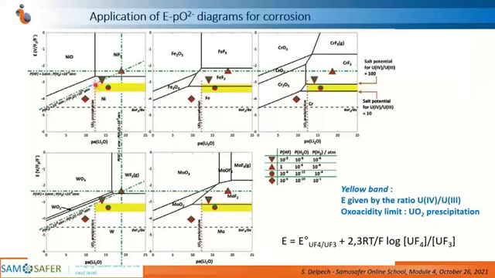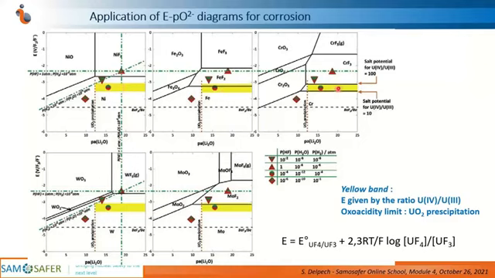The acido-basic limit here corresponds to the precipitation of uranium oxide. So we observe that in this kind of salt, lithium, beryllium, uranium fluoride salt, the stability domain of the salt is very, very short. We have only this yellow band, and all the elements will be in this band.